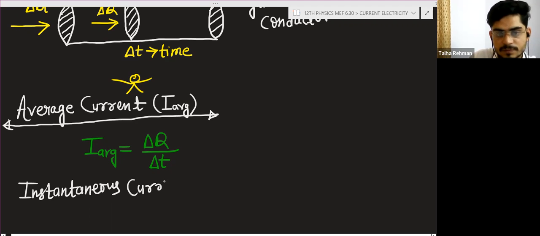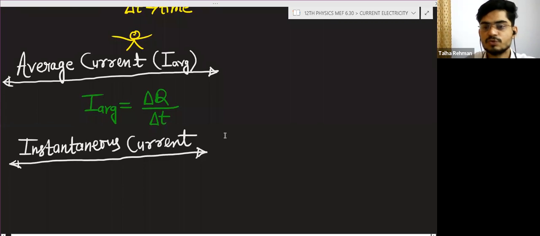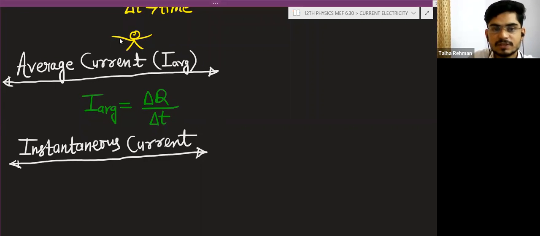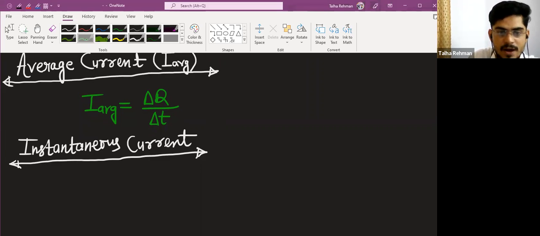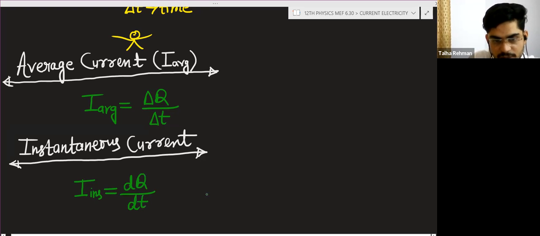Instantaneous current is current at an instant of time. For calculating instantaneous current, we have to use differentiation. I will represent instantaneous current as I inst. This delta will become dq by dt.